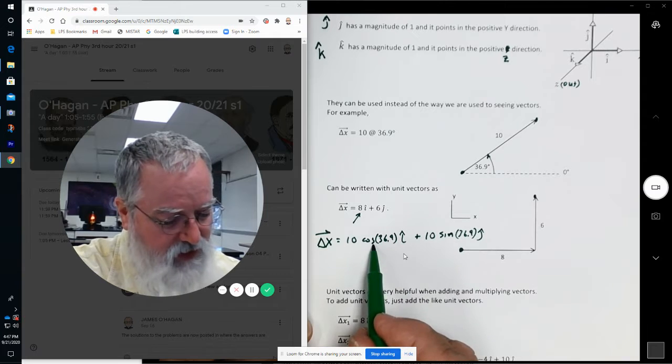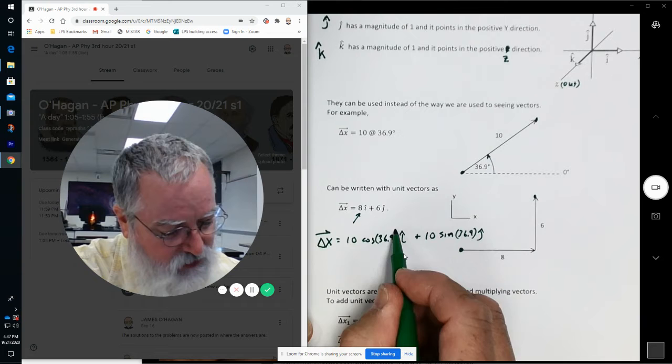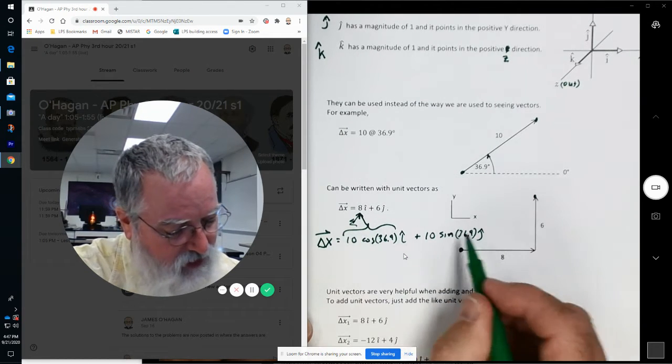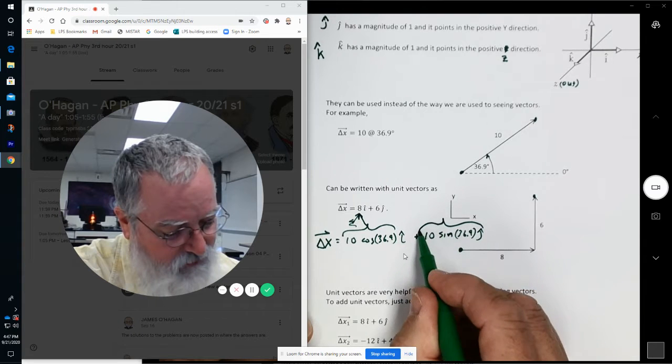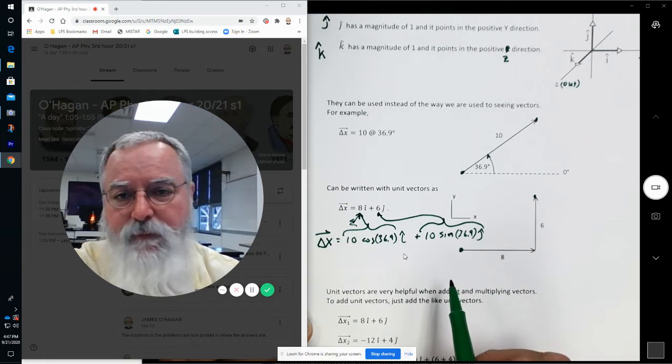And of course, 10 times cosine 36.9 gives you 8. So this whole chunk right here gives us the 8. And this whole chunk right here gives us the 6. And if you don't believe me, just try it out, okay?